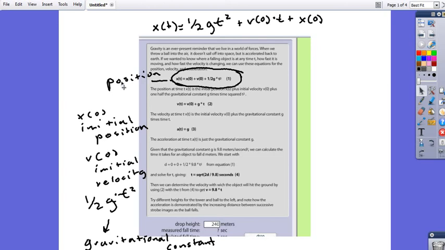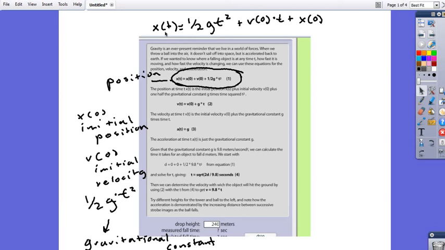If you take a look at this, this is the position function for a falling object model, on the Earth, okay? It says x naught plus v naught. There should be a t right there, doggone it, plus 1/2 the gravitational constant times t squared. It should be written as this, okay, right here. X of t equals 1/2 g t squared plus v naught times t plus x naught. And you do not have to remember that, okay?